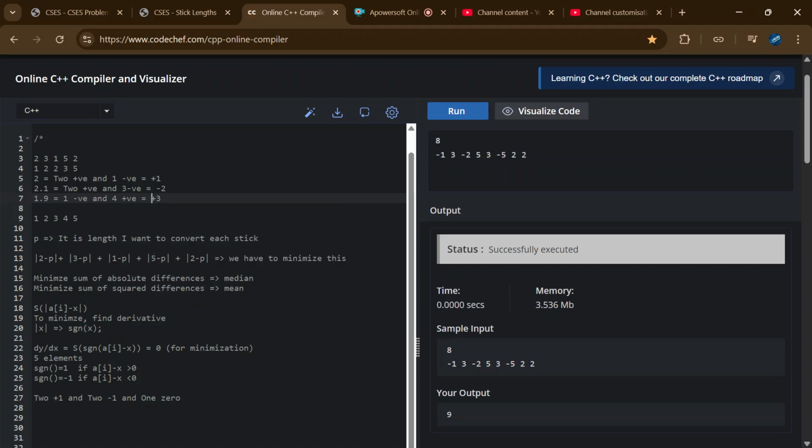So we can see that the value is changing from positive to negative. So that's the balance. If it is changing from positive to negative, we have to assume that there would be zero.